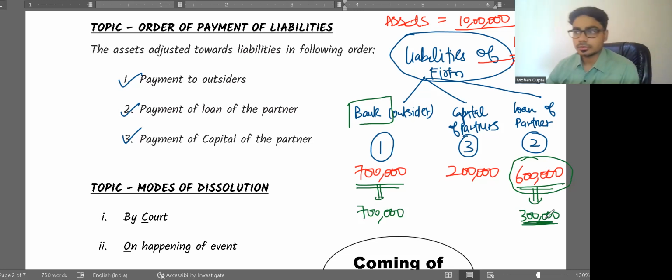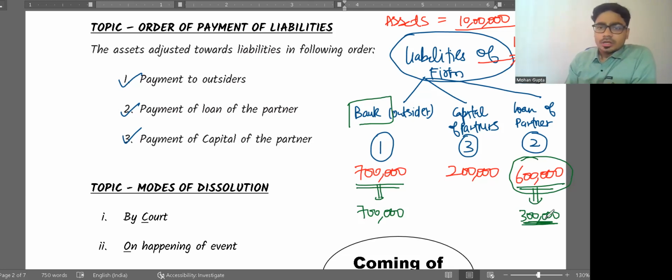He will say that you had given the loan and you just got 3 lakh, so let me give you some part of the loss that you have incurred. So that really depends. The concept is this: partners usually have unlimited liability, so that means their personal assets are also at stake.